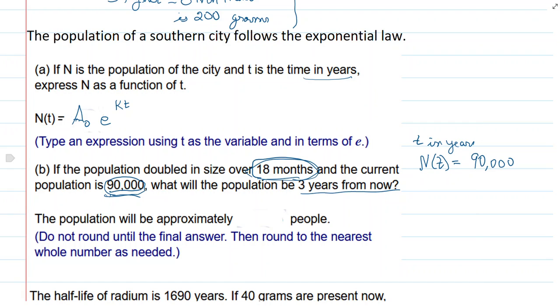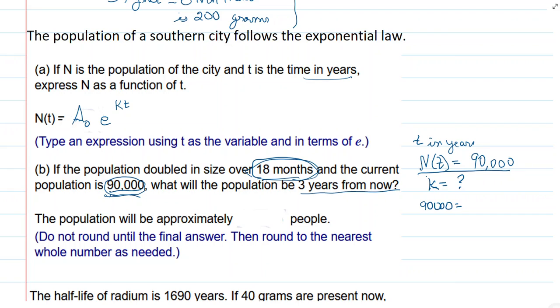Okay. All right. So let's do it. So we're going to find our rate, or K, because that's what we need. So I have 90,000 equals, and it doubled in size.